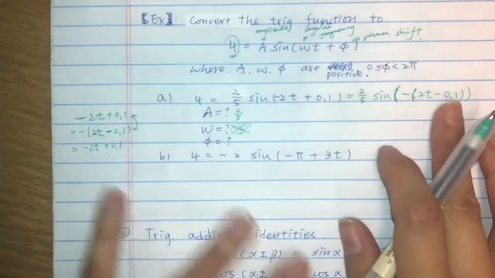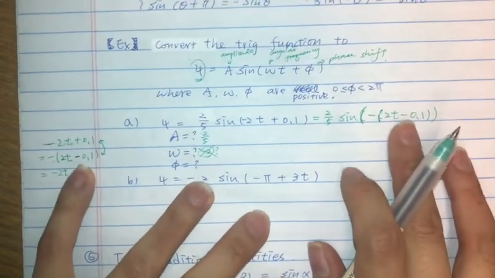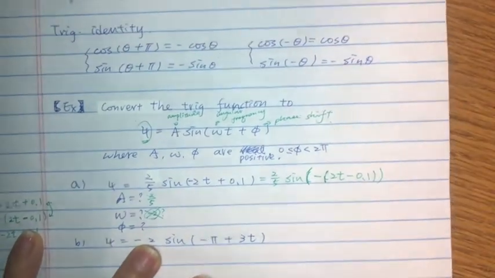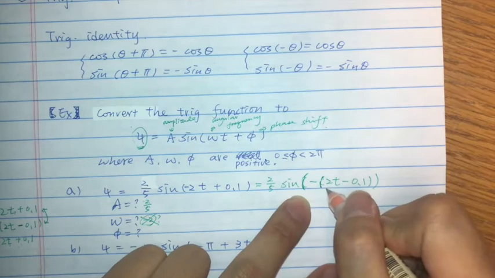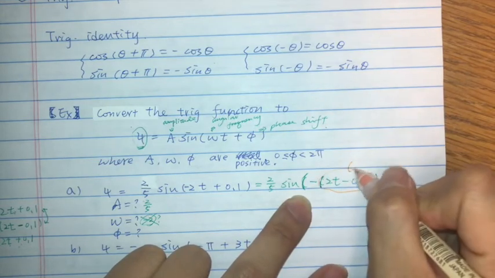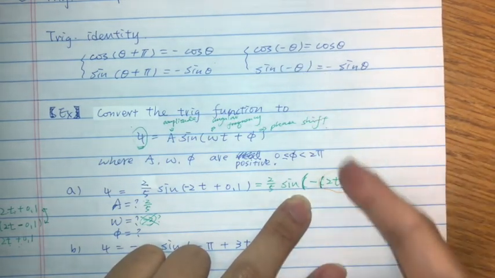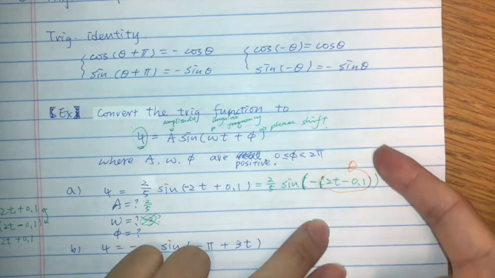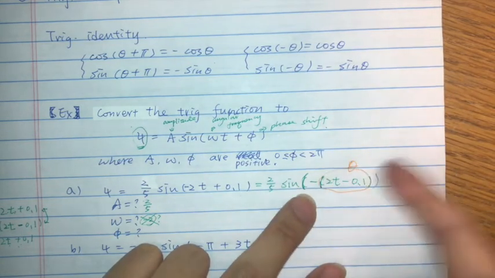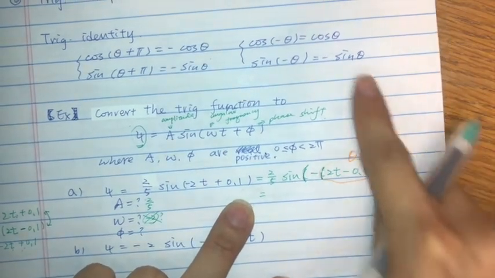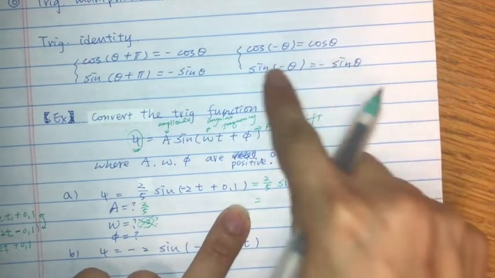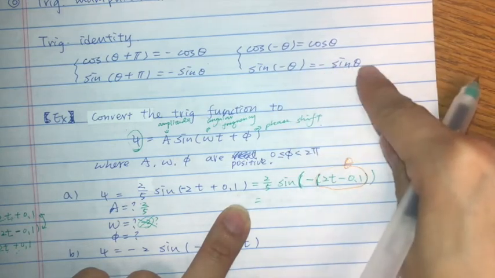So let's come back to this problem. This is how I get to this point. And now if you make a comparison between this format and that format, you can see this is nothing but my theta. This is exactly sine negative theta. So negative sine theta, we know sine negative theta is negative sine theta.